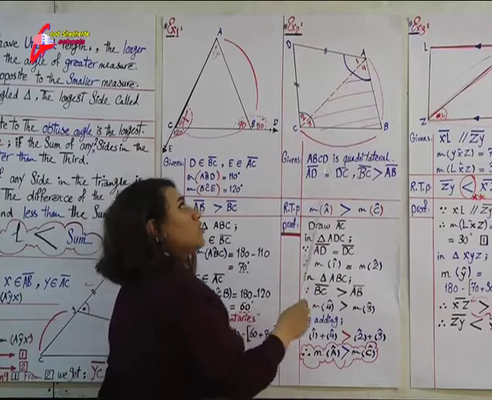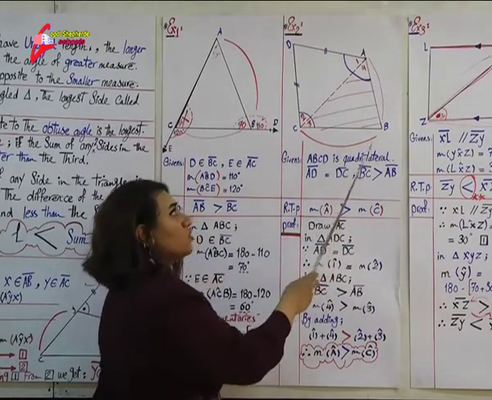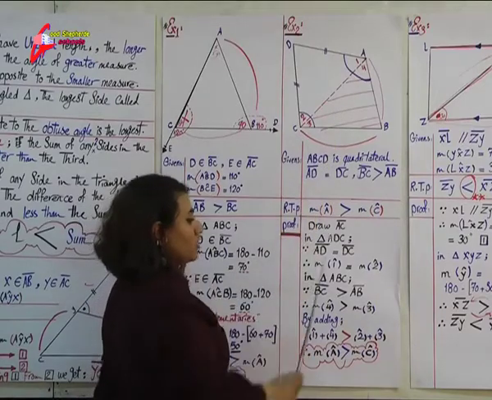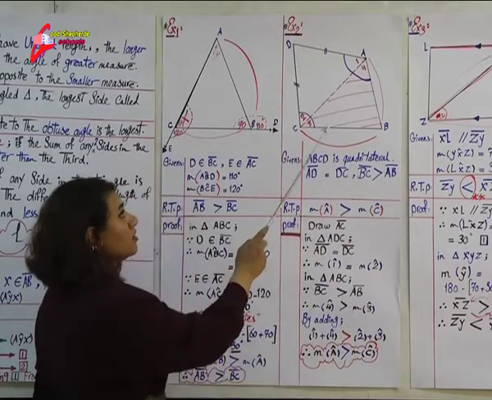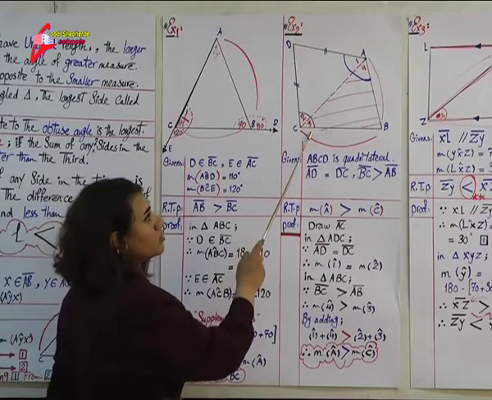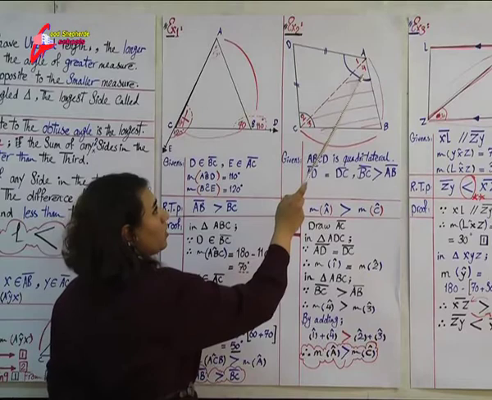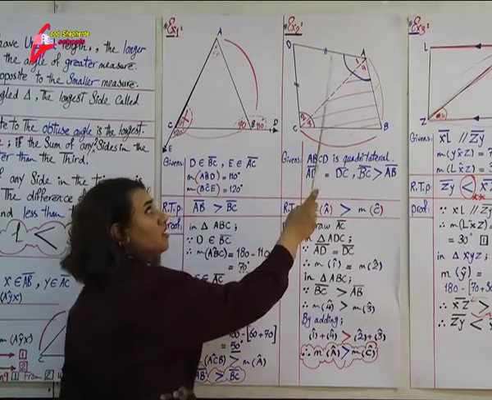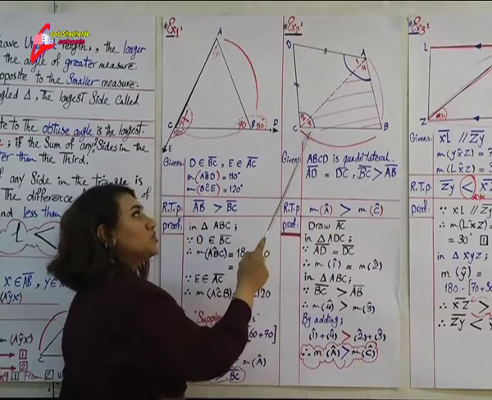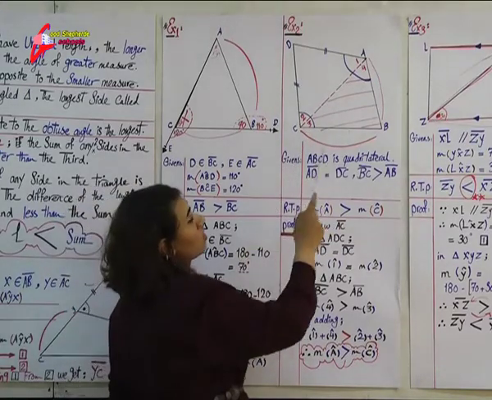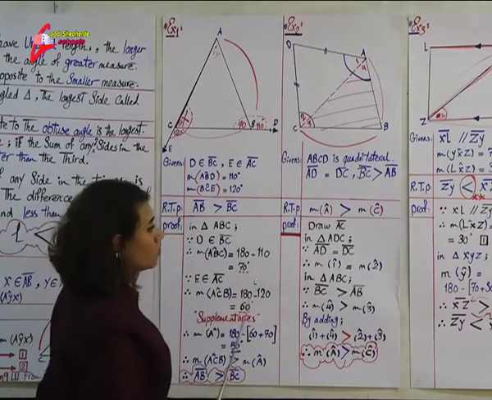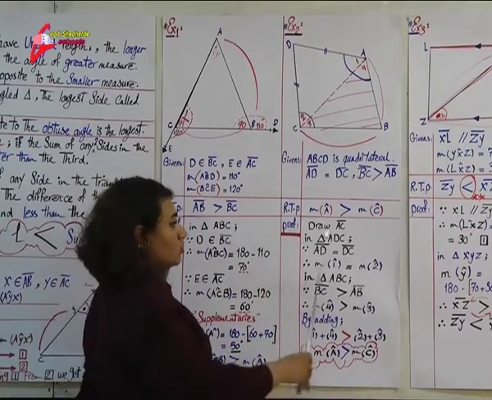The two angles opposite to these two sides will be that the measure of angle 4 is greater than the measure of angle 3. By adding 2 to 3 you will get an angle, and by adding 1 and 4 you will get another angle, but adding 1 to 4 will be greater than 2 to 3 because the bigger is greater than the smaller, and this is the theorem of the inequality from lesson 1 in unit 4.